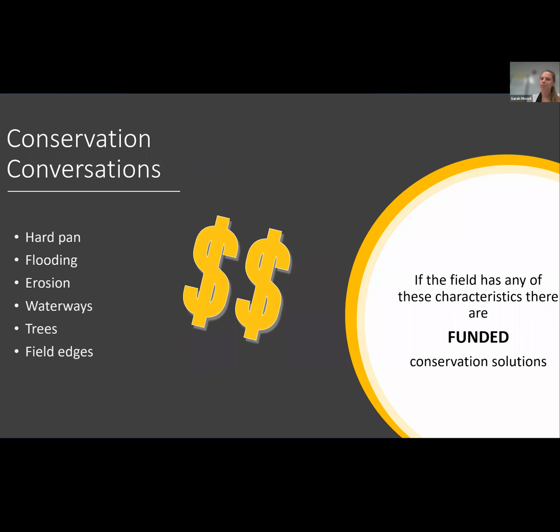Farmers know their farms, they know where the bad spots are. So think about where on your farm there is hard pan. Are you having issues with flooding, erosion, waterways? Do you have trees along your field edges? If you have any of these problems, we need to remember that there are funded conservation solutions that we can use to help address these issues.